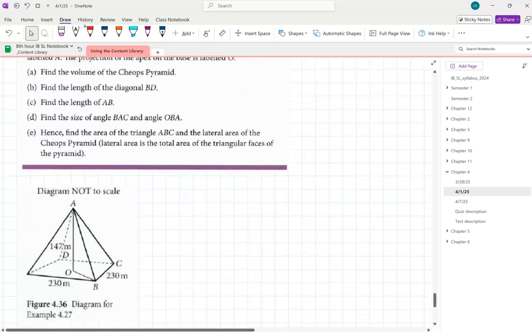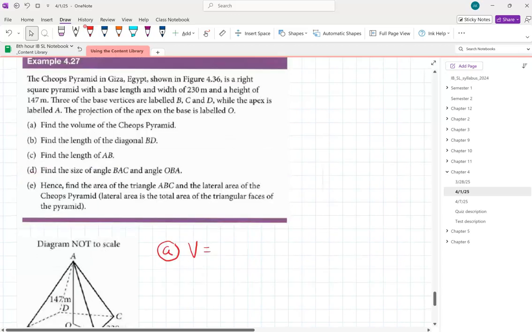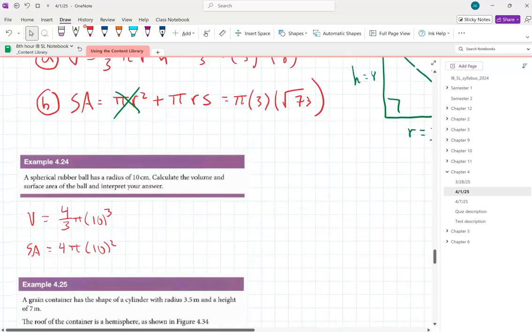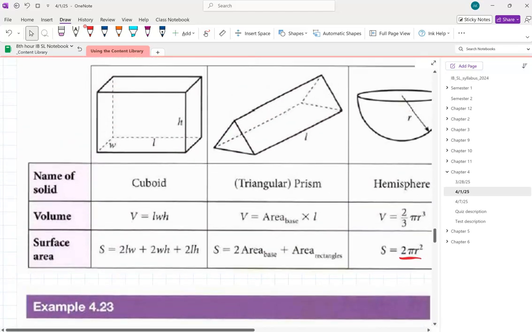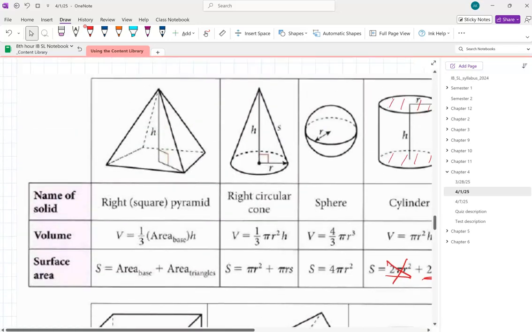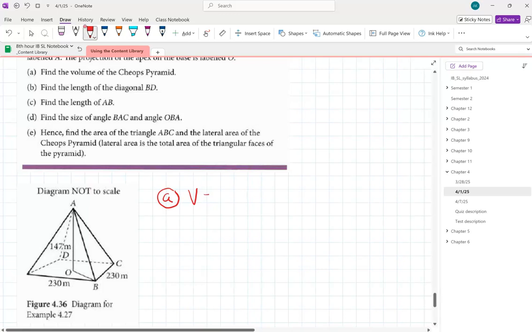Okay. It says to start, find the volume of the pyramid. So I'll go to my formulas up here at the top. The volume for a pyramid is 1/3 area of the base times the height. The base in this case is a square.